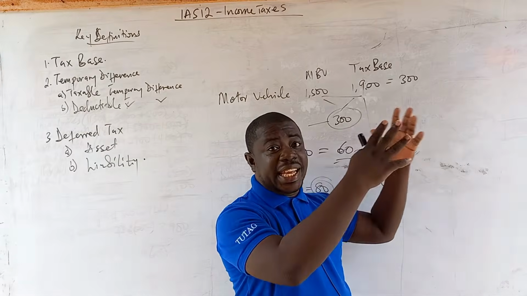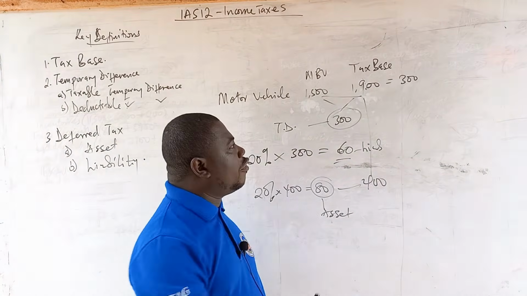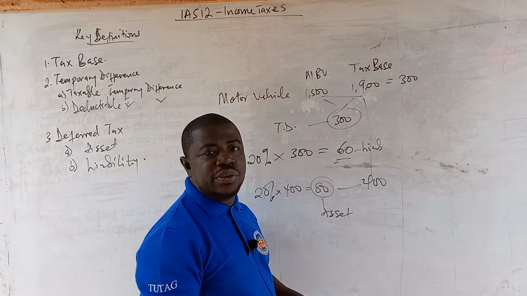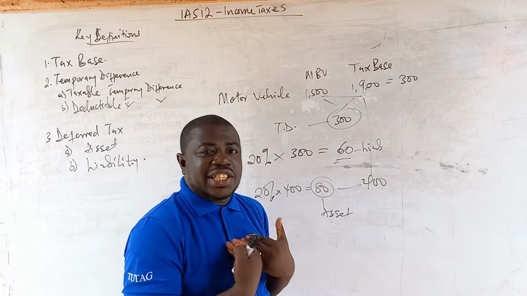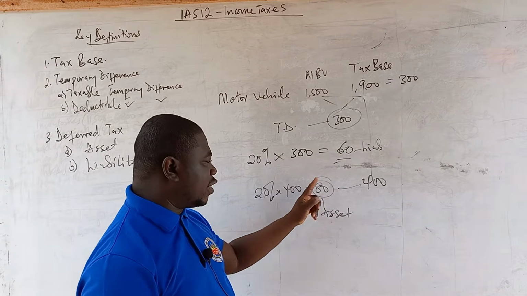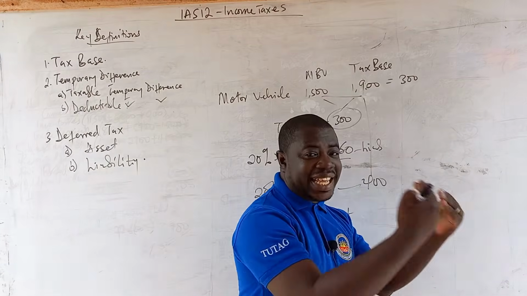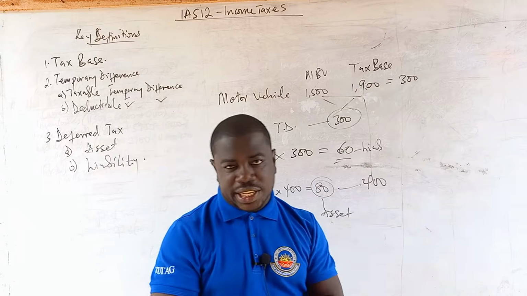So we feel like they are cheating us. And so when in future we are able to recover the 400, the recovery means that they will now agree and reduce it to 1,500. Then that 400 will be a tax credit for the business. So that 400 cedis, whatever tax on it, which is the 80, will be a tax asset, meaning that we are going to gain. And it's going to be deducted from future tax that we are going to pay.